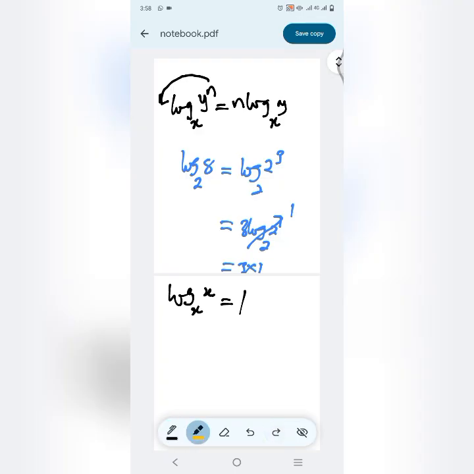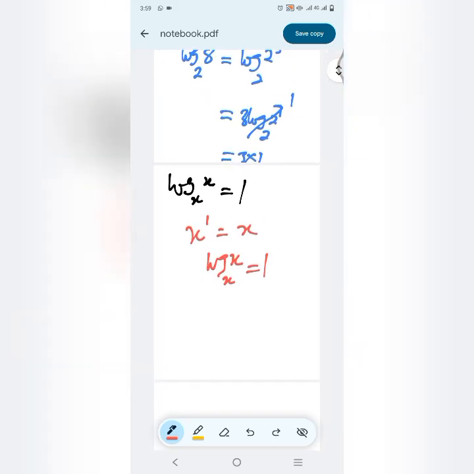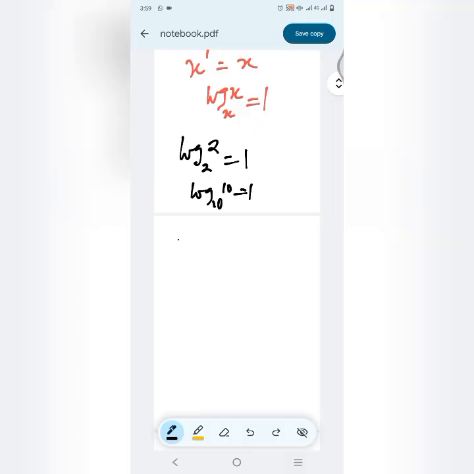You remember that x raised to the power 1 is the same thing as x, and if we convert this to logarithm, we can say log x to base x is equal to the exponent, the power, which is 1. A very good example is log 2 to base 2 is 1, and log 10 to base 10 is 1. If you carry your calculator right now and you press log 10, it will give you 1.